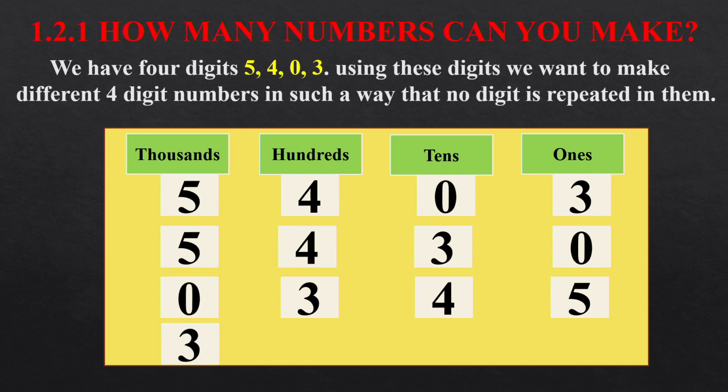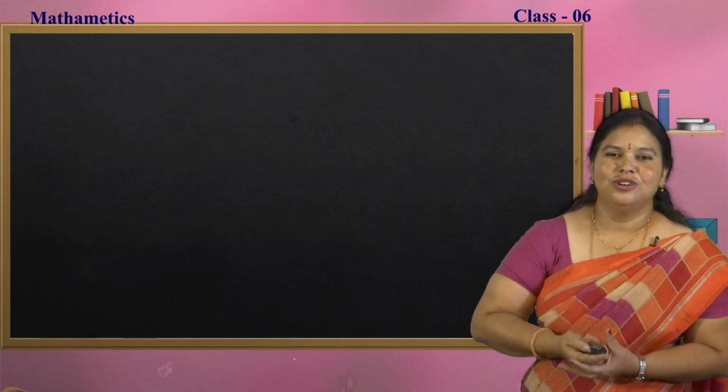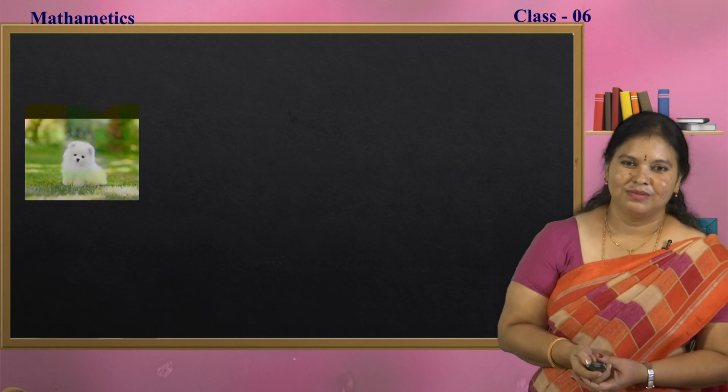We will replace the thousands place by 3 and put 0 in hundreds place, and 4 will remain in tens place and 5 will remain in the ones place. So, which number did we get? 3045.